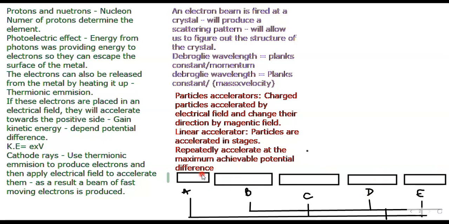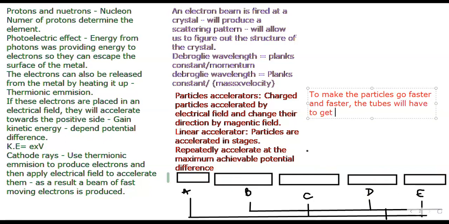A will be the shortest, then B, then C, then D, then E, and so on and so forth. So they will continue to travel at a higher and higher speed.